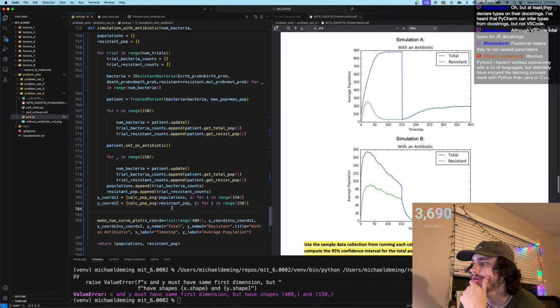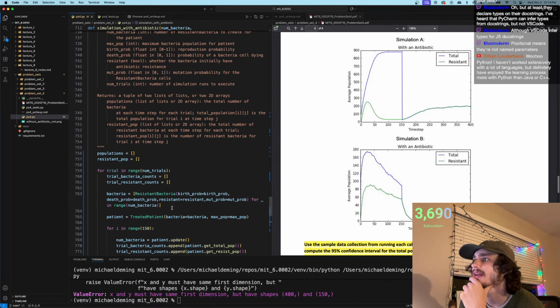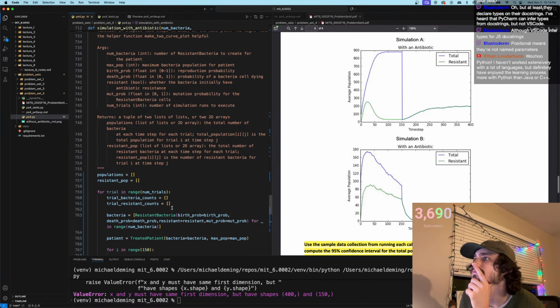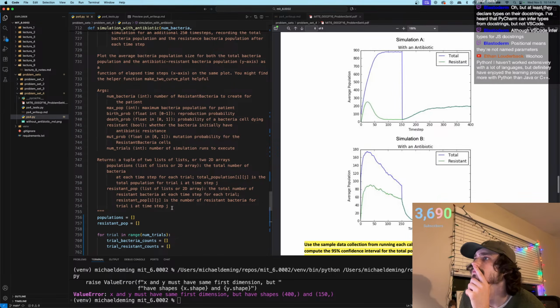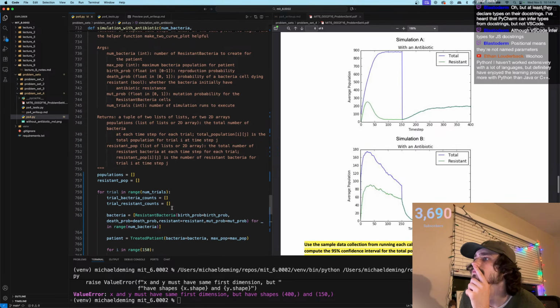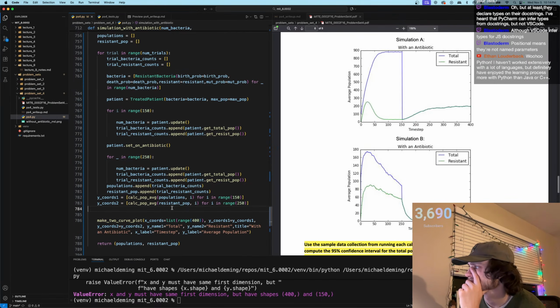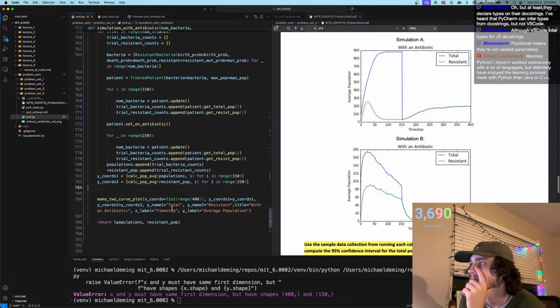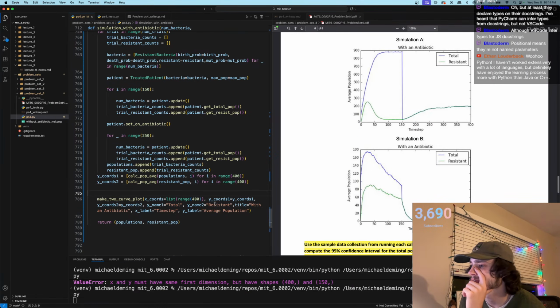Our y shape, we need to add, so it's 150 and 250. Let's just go 400 here. 400. That'll throw me an error though, I think.